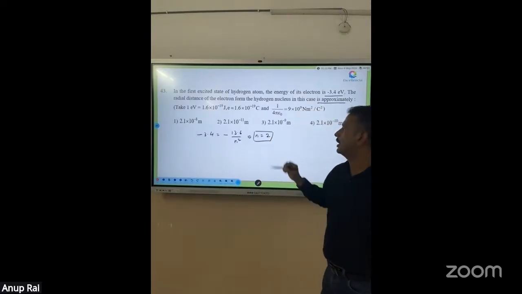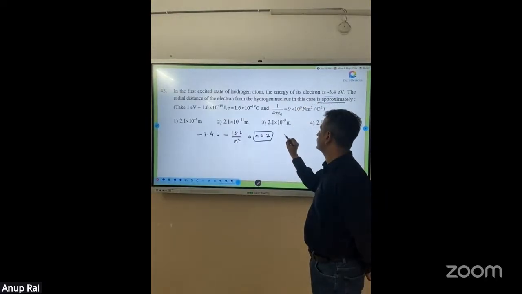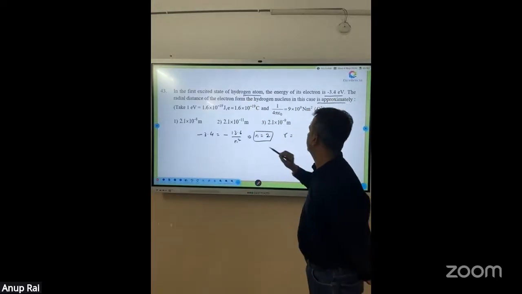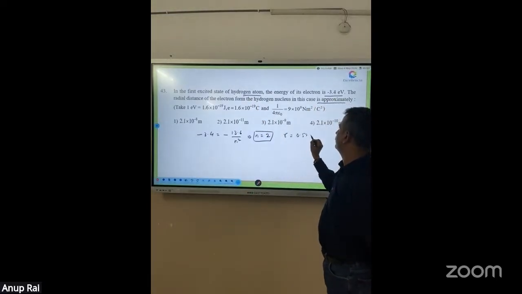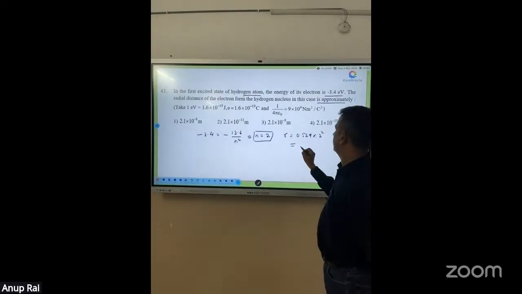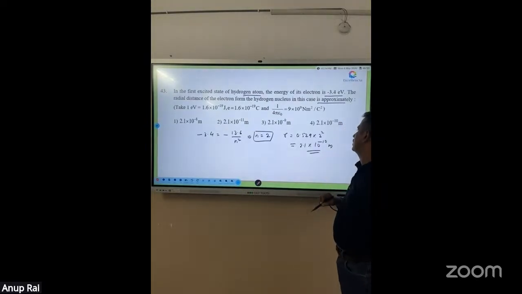So we need to calculate the orbital radius for n equal to 2. For a hydrogen atom, we can directly use 0.529 into n square angstrom. That will come around 2.1 angstrom, and converting to meters, 2.1 into 10 power minus 4.